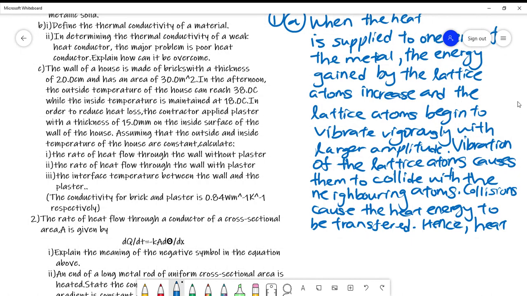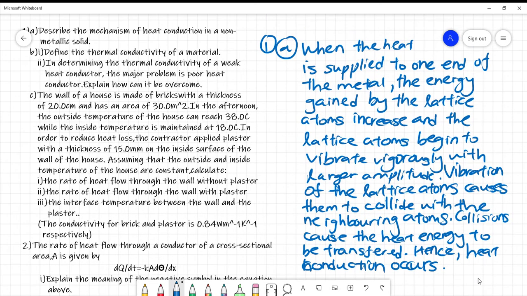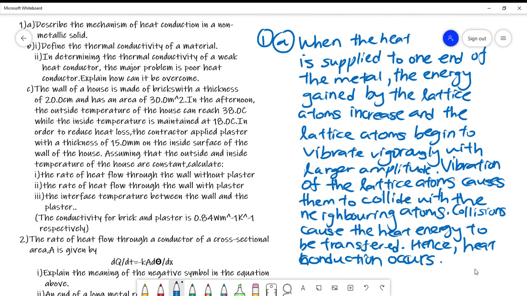So this is the mechanism of heat conduction through the vibration of lattice atoms, which occurs in both metals and non-metals. But the question requires the non-metallic solid, which is the insulator. The insulator only has one way to conduct heat, which is the vibration of lattice atoms.